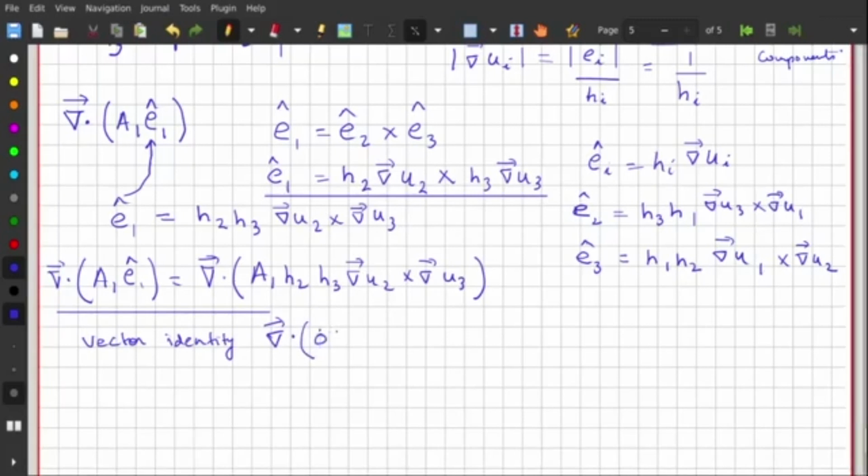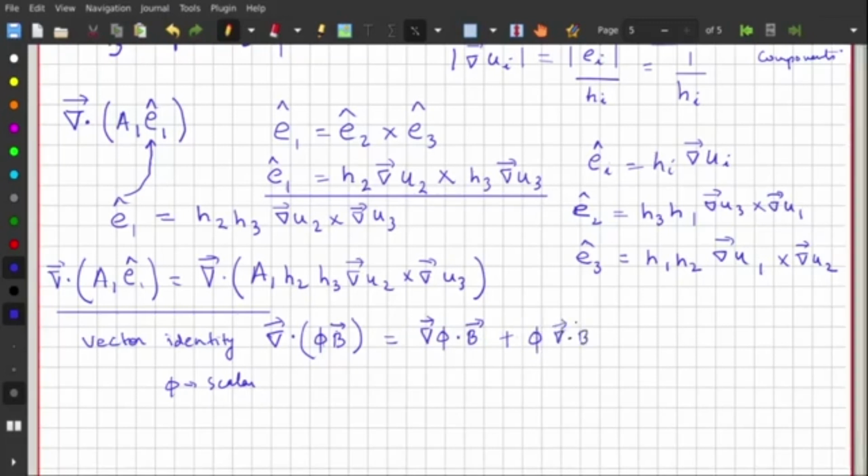So let's say we have the divergence of a scalar function, let's say phi, times another vector, let's say B. So phi is a scalar and B is a vector. Remember, this is like the product rule, so it's grad phi dot B, plus phi times the divergence of B.